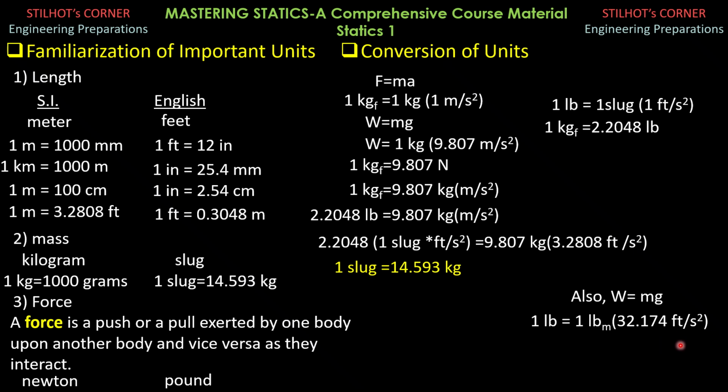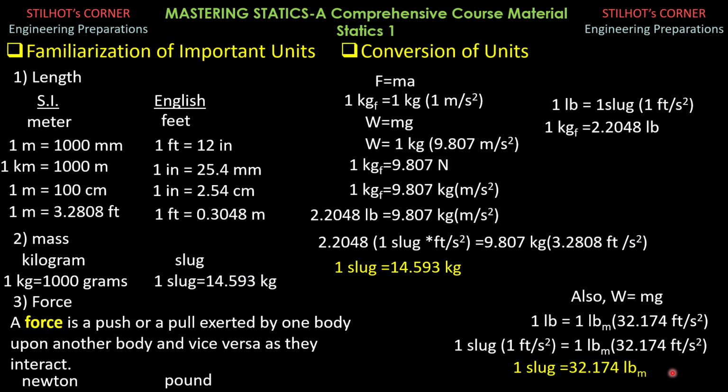Therefore, we conclude that 1 pound force, which is slug times 1 foot per second square, and the right side is pound mass times 32.174 feet per second square. We conclude that 1 slug, after we cancel foot per second square, is equal to 32.174 pound mass. So that's it for this first video.